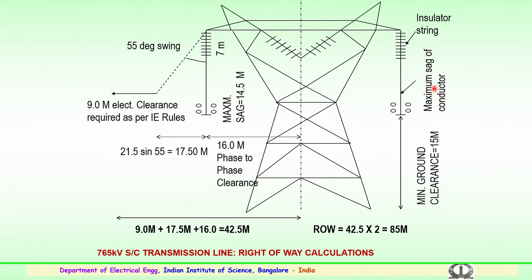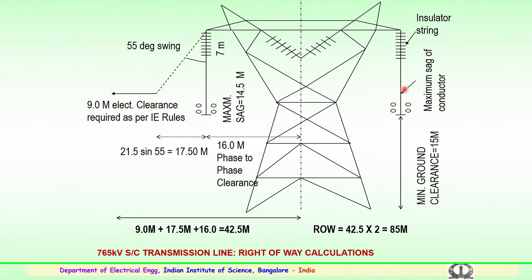Then considering the maximum sag of the conductors, the insulator string again depends upon how many insulators you use, 35 in case of 210 kilonewton or 40 in case of 120 kilonewton insulator string. The length of the insulator string and the maximum sag of the conductor which is considered is the distance from here.